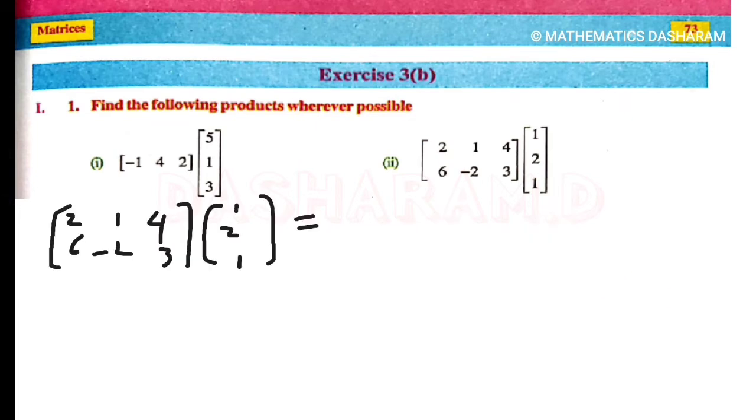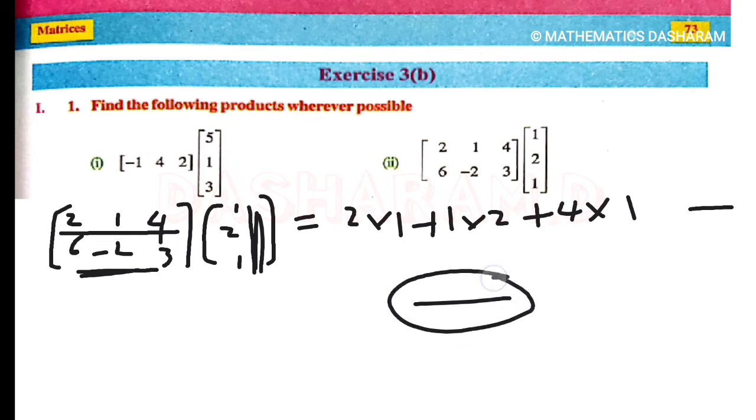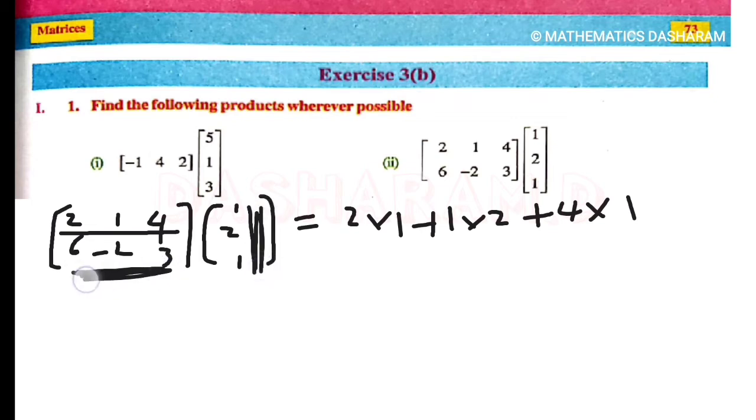See, first row multiplies with the first column: 2 into 1 plus 1 into 2 plus 4 into 1. So first row first column is completed. Next, the second row with the first column, so the result goes here, not here, because when we start with a new row, a new row will come.